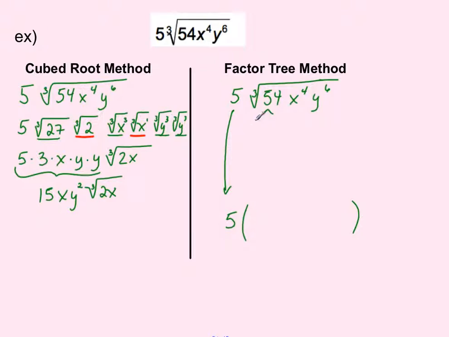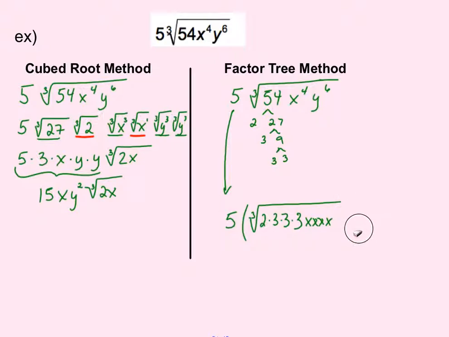54, 2 and 27. 27, 3 and 9, 9, 3 and 3. So this is 5 cube root of 2 times 3 times 3 times 3. X to the 4th is just x, x, x, x. I'm leaving myself enough space here, so let me erase this parentheses.